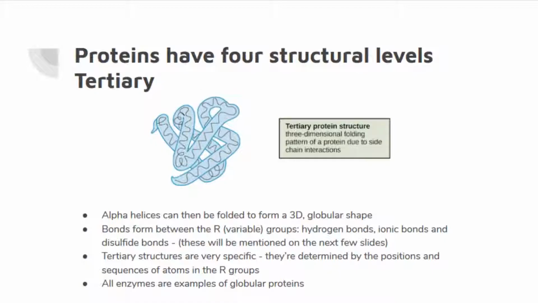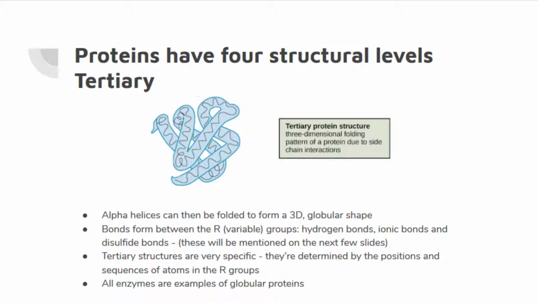Tertiary structure. It is folding into a 3-dimensional, globular structure. The tertiary structure is held together by bonds between the R groups of the amino acids in the protein, and so depends on what the sequence of amino acids is, and so is very specific.